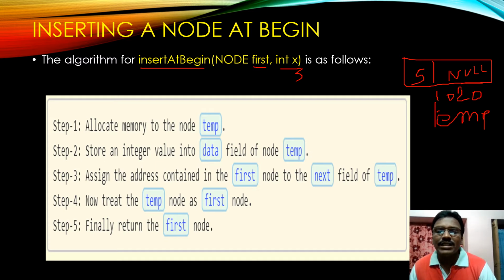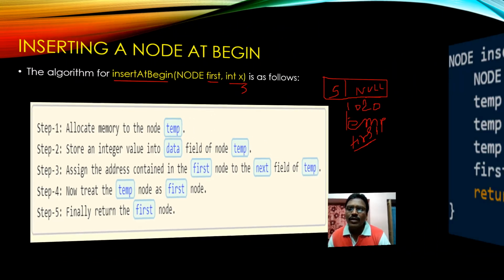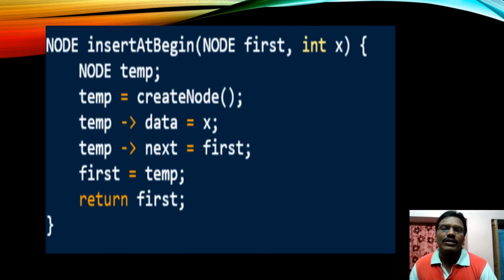After this third step, the temp variable node is the first. Finally, return the first node. After that, the first is in temp. That is returned from the insertion at begin function code.